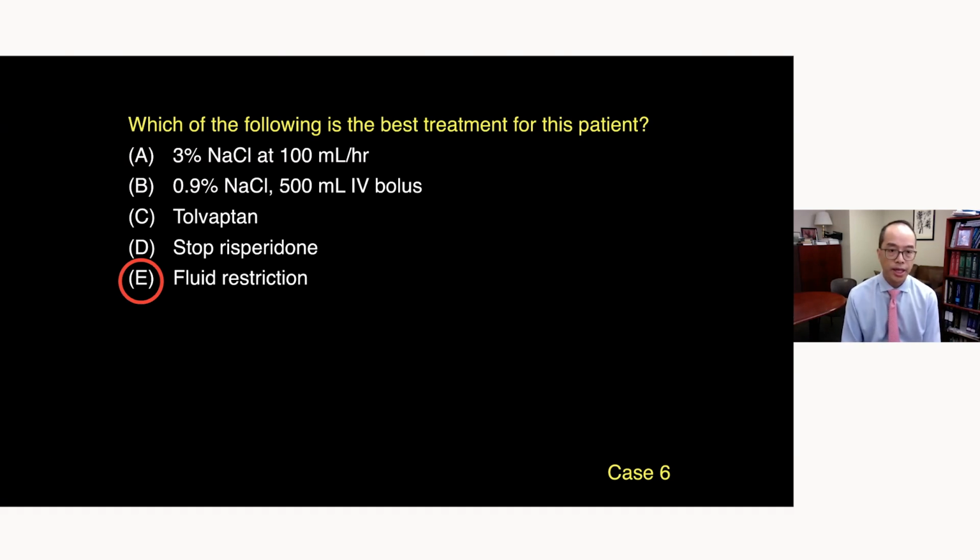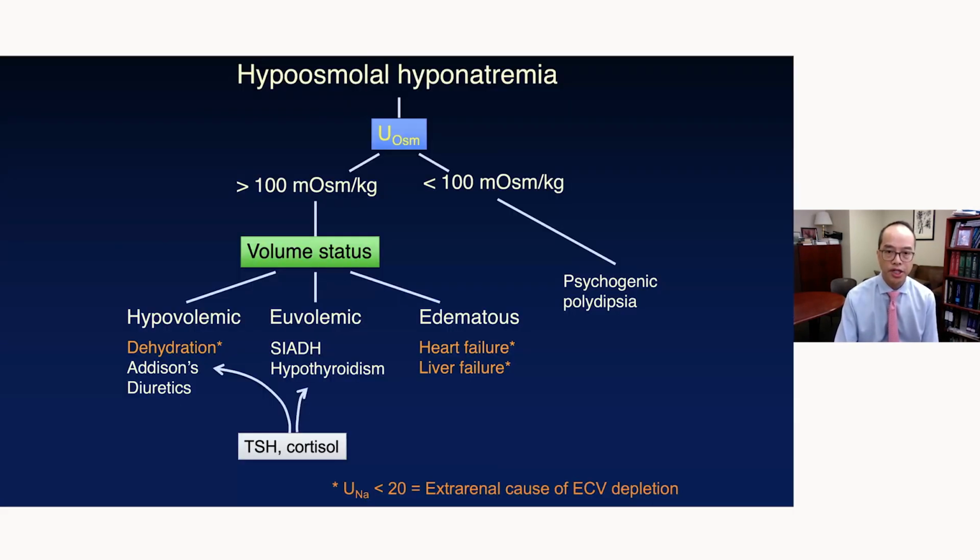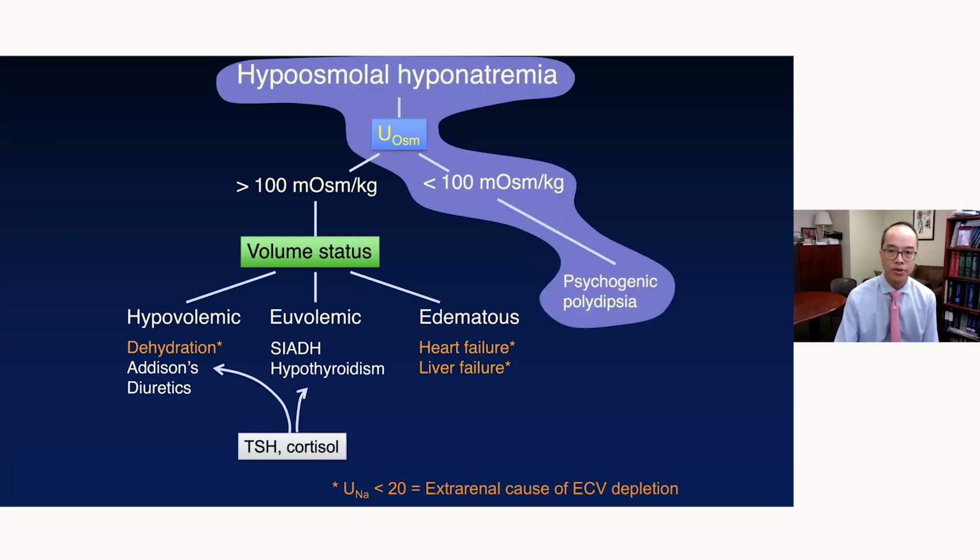So I think the first step here would be fluid restriction. If you look at this patient, she's profoundly hyponatremic, yet the urine osmolality is very, very low. So the patient is putting out dilute urine, but presumably drinking faster than the kidney can excrete water, which is found in primary polydipsia.